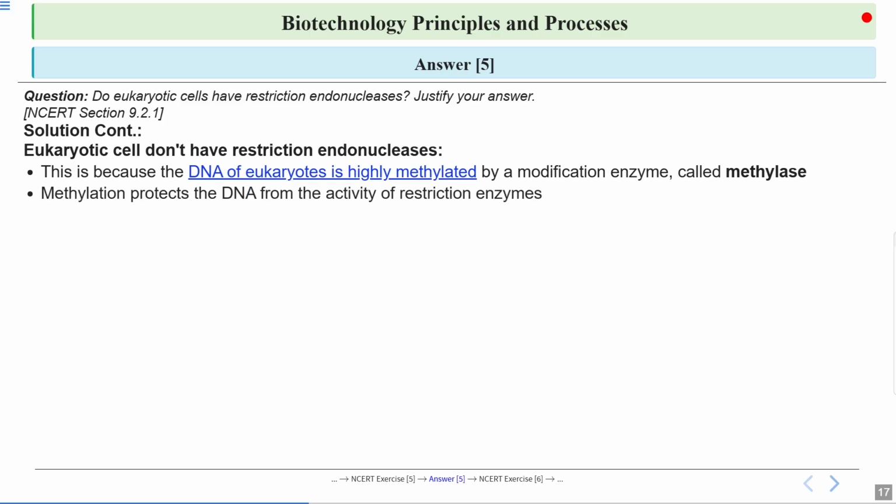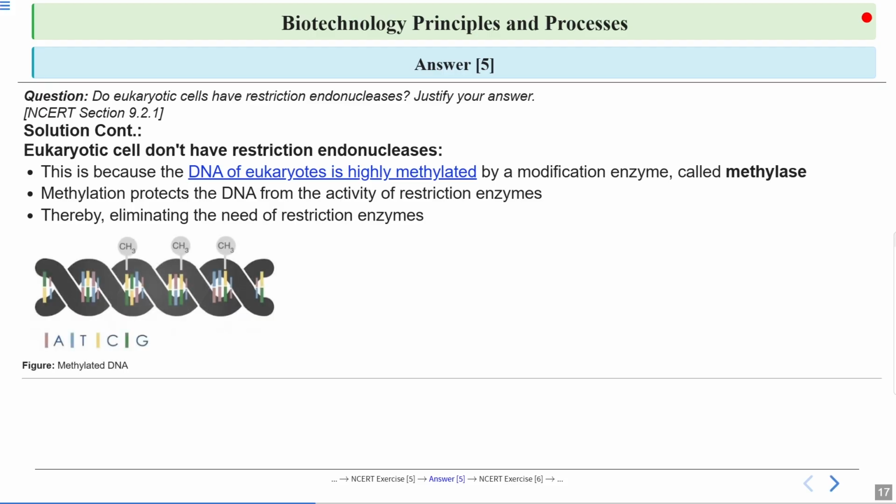Now, methylation protects the DNA from the activity of restriction enzymes. Even if the restriction enzyme is present, it will not be able to cut the DNA because of this methylation, thereby eliminating the need for restriction enzymes. So restriction enzymes are of no use in eukaryotes, right? This is the reason that restriction endonucleases are not found in eukaryotes.